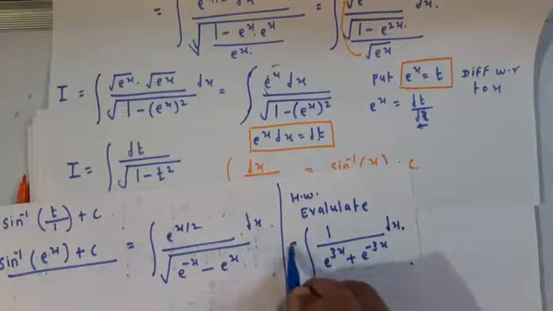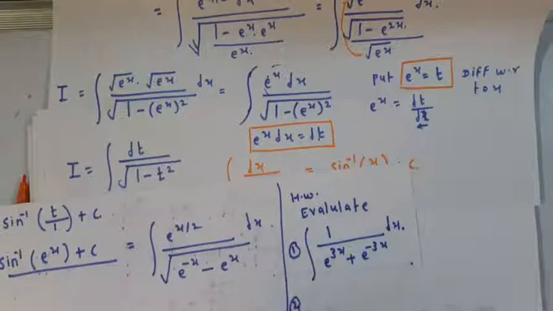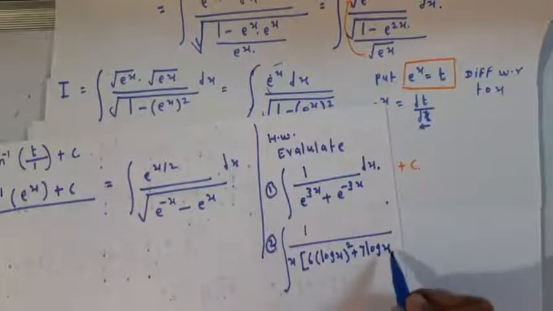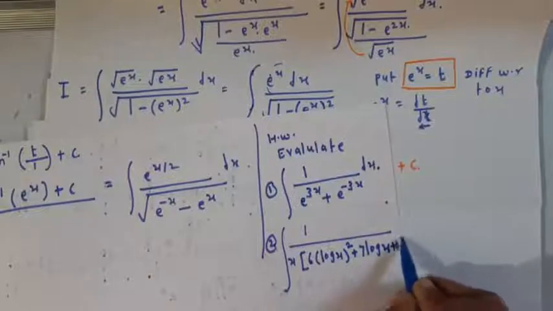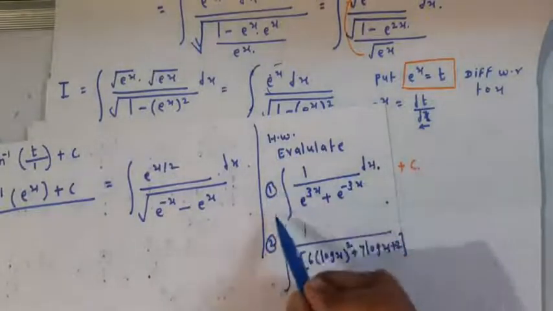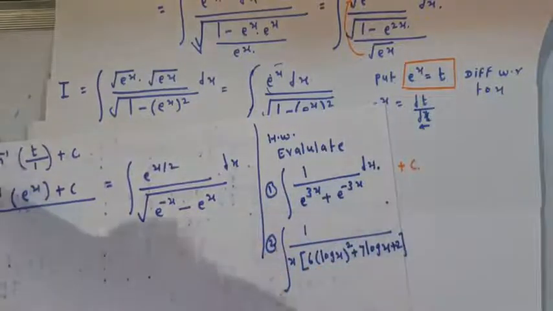And the second problem is evaluate the integration of 1 upon x into 6 log of x whole square plus 7 log of x plus 2. These are the two homework problems that you have to solve, students.